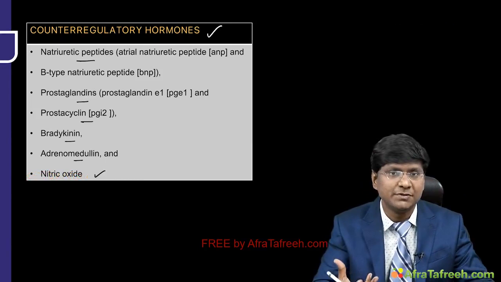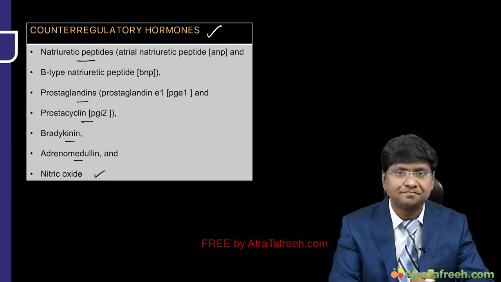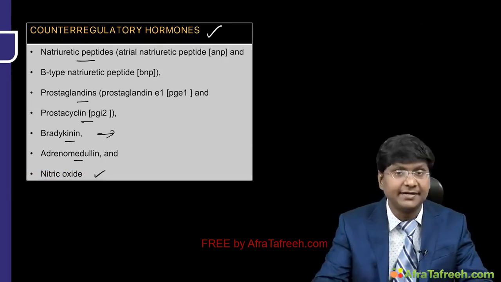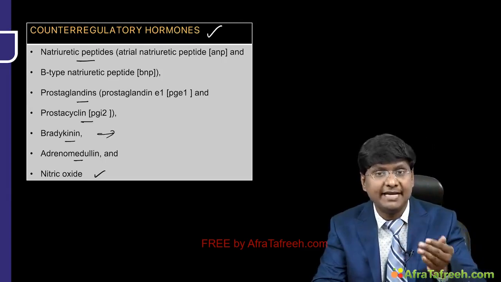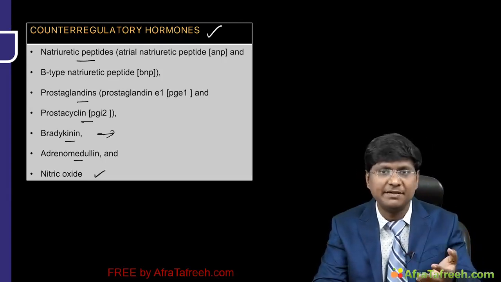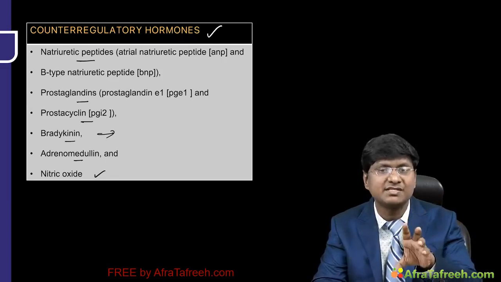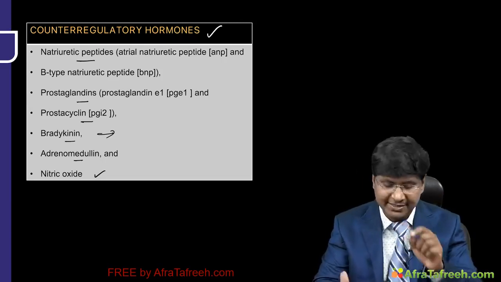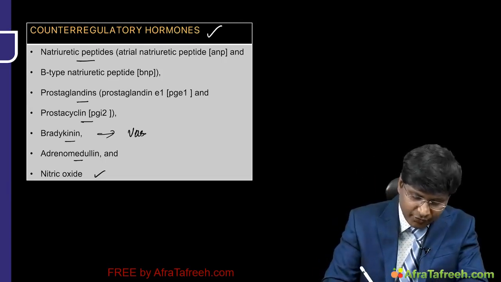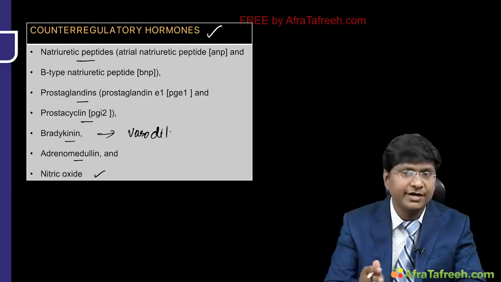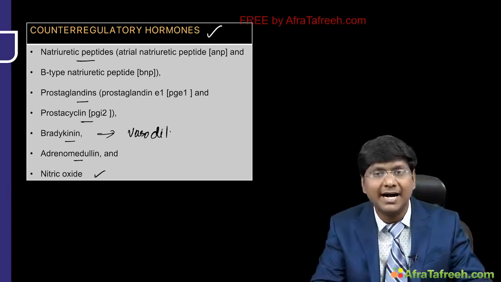What these substances do, you take this bradykinin. Bradykinin will increase the vascular permeability, and thereby it will reduce the systemic venous congestion. And not only that, it also has vasodilatory property, and that will reduce the afterload on the heart.